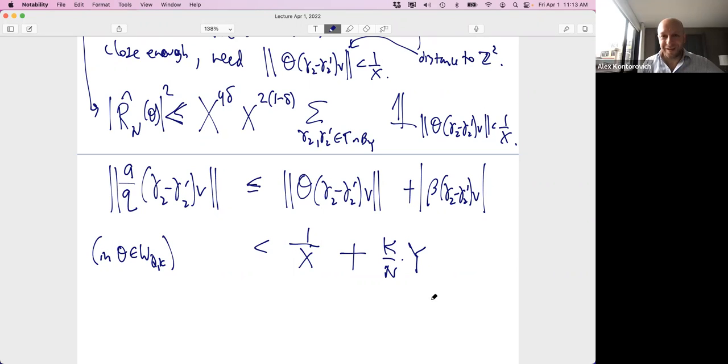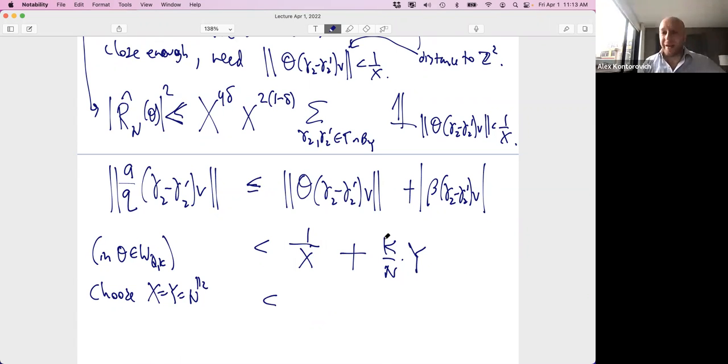Okay. And Q is of size Q. So now is a good time to choose X and Y. So now we're going to choose X and Y to be root N. We have to choose them.